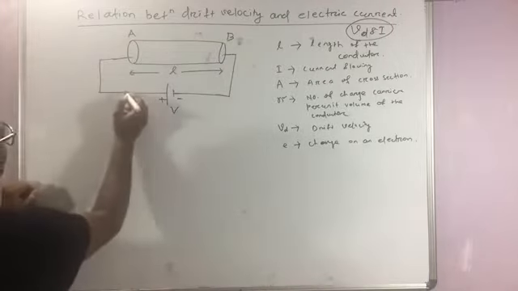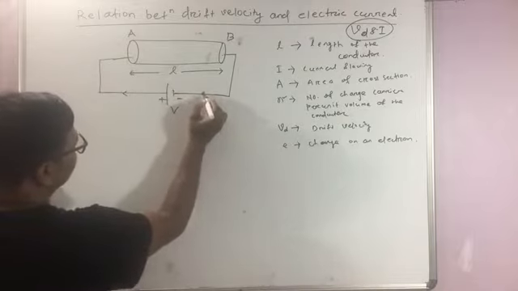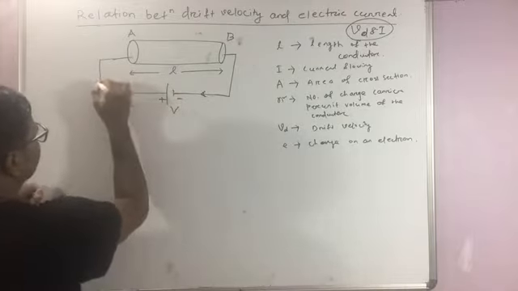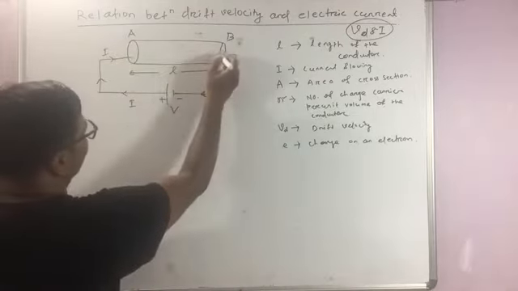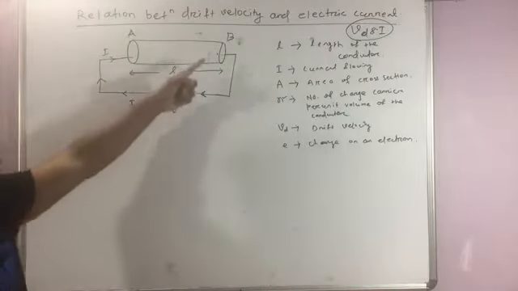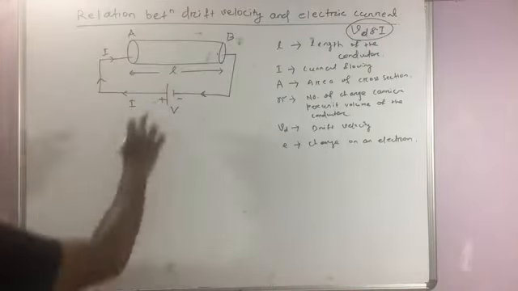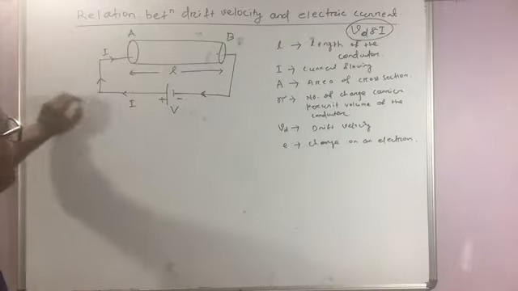So we can say the current is opposite to the electron flow. Let's say I is the current flowing through the conductor. One electron will start from here and come to this end. So this is the direction of electron flow, but this is the direction of current flow. It's a convention as already discussed earlier.